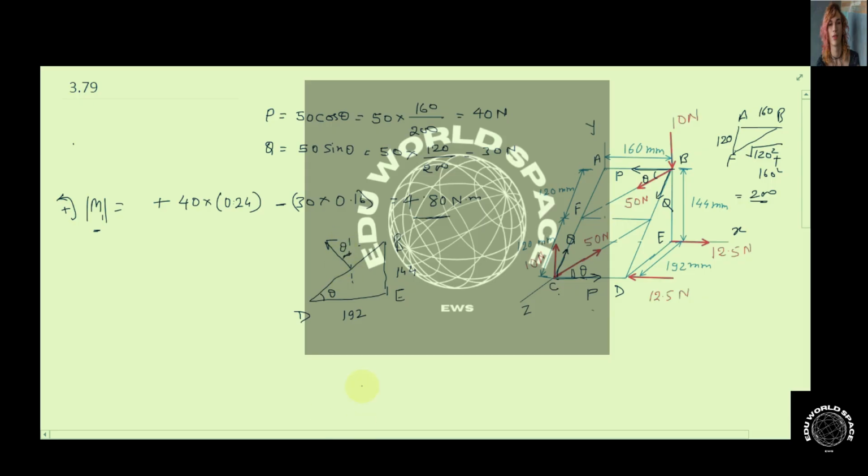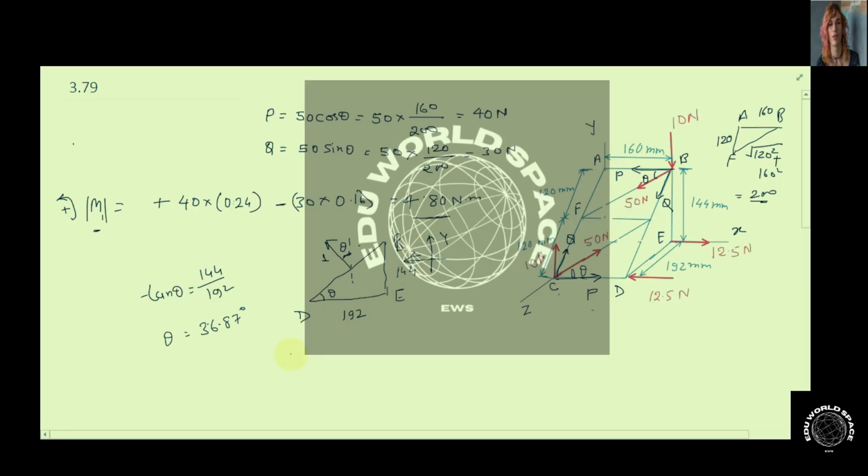Alright, theta can be calculated from this triangle, and that is tan theta equals 144 divided by 192. So theta comes out to be 36.87 degrees. Now if we have calculated theta, and if we consider this to be 1 unit, then 1 has a component, this was our y-axis and this was z-axis.